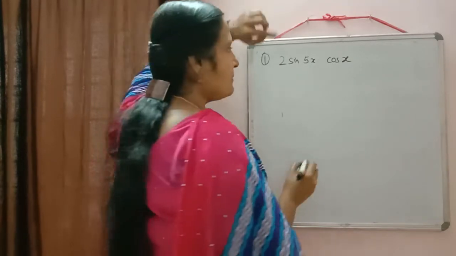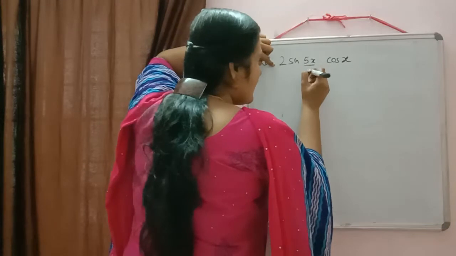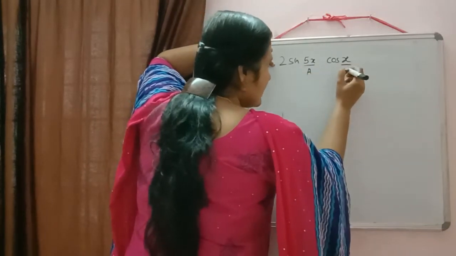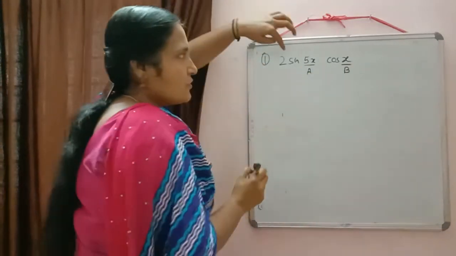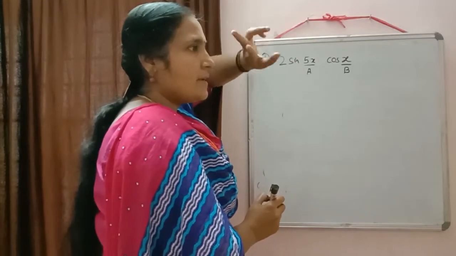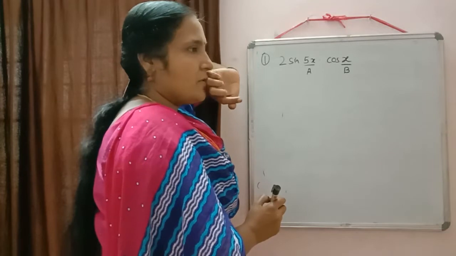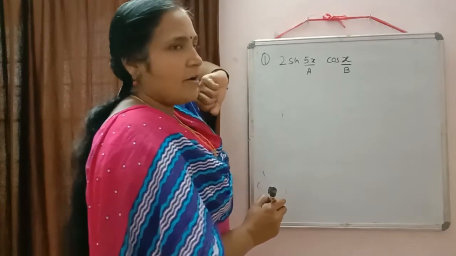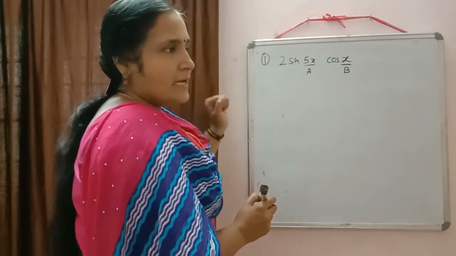This angle 5x is A and x is equal to B. So since sin and cos both are there, it is related to addition or difference of sines.